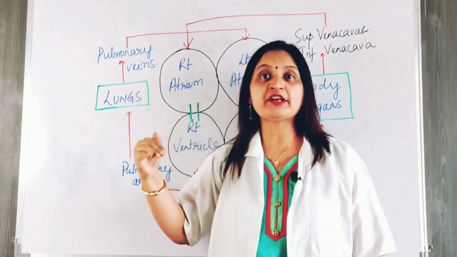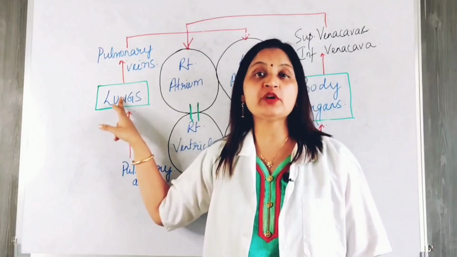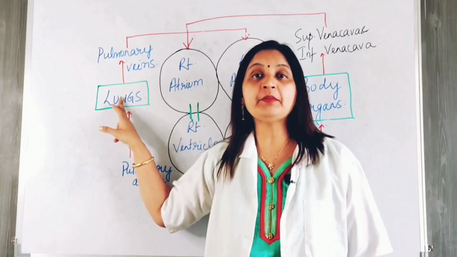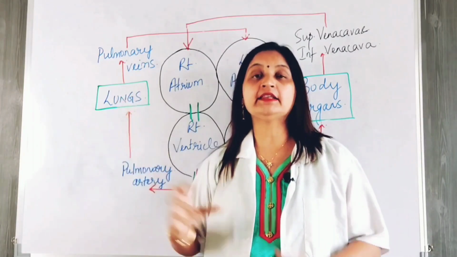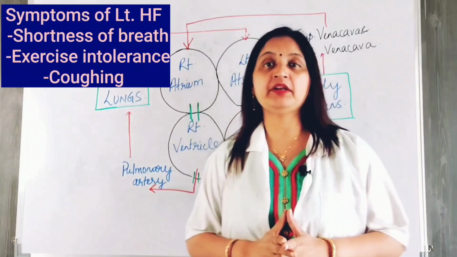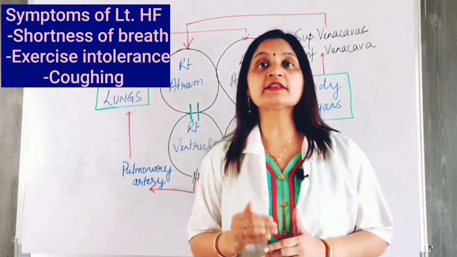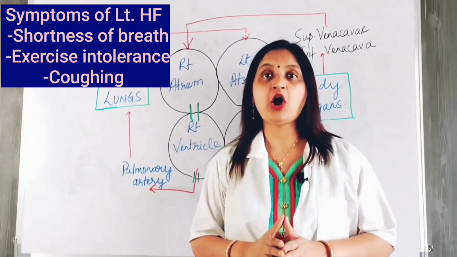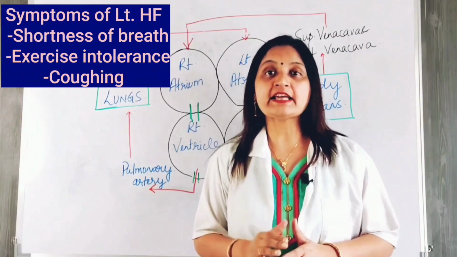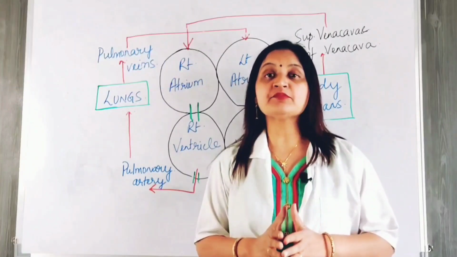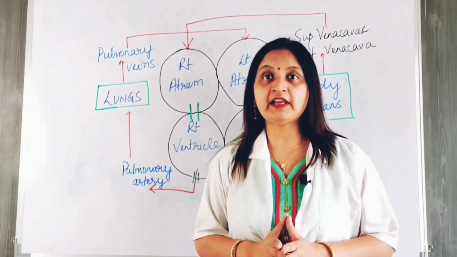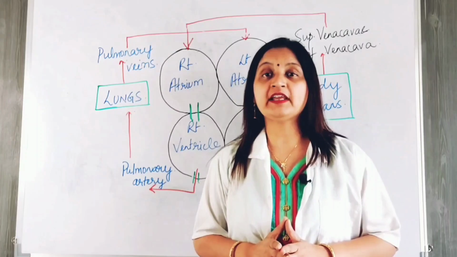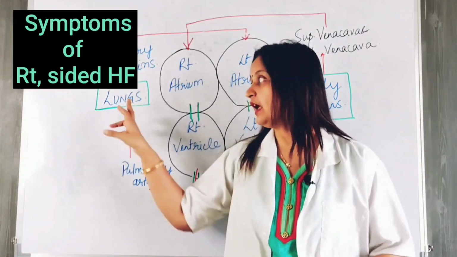Because of increased pressure in the lungs, there is transudation of fluid into the pulmonary interstitium, and this causes symptoms such as shortness of breath, trouble breathing, coughing, or reduced exercise tolerance. So in left-sided heart failure, the symptoms are related to the lungs.